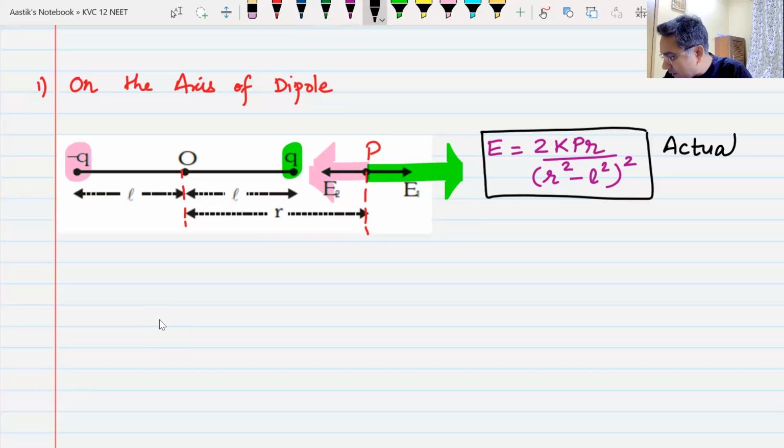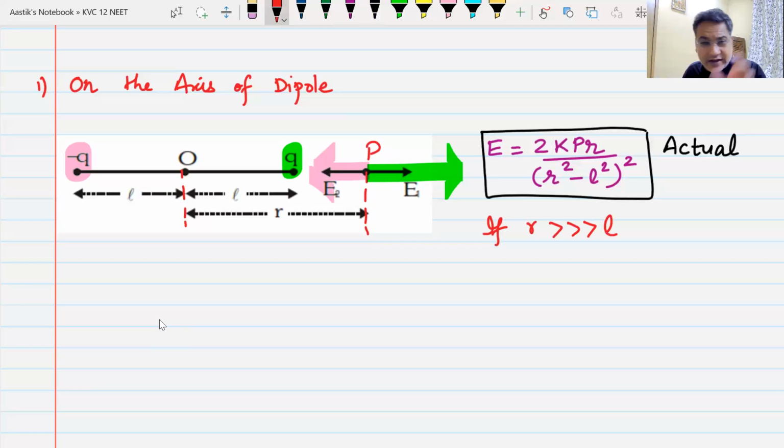But sometimes this dipole is taken to be very, very small, and this distance is very, very large. So in that case, if your distance r is very, very large compared to L, we have a shortcut formula for this electric field.